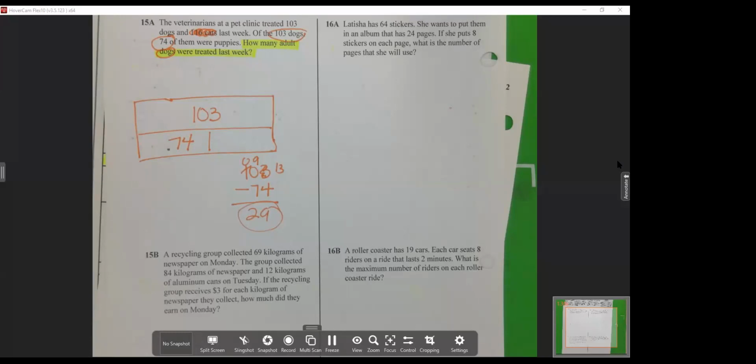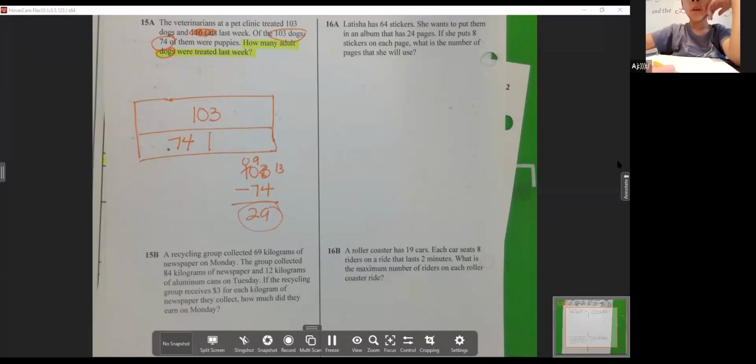I think the teacher disappeared in Fortnite.